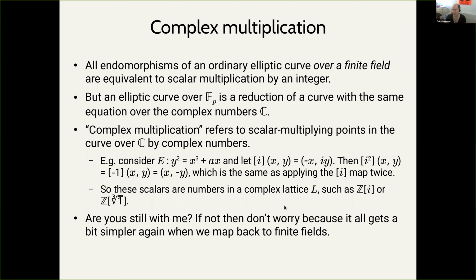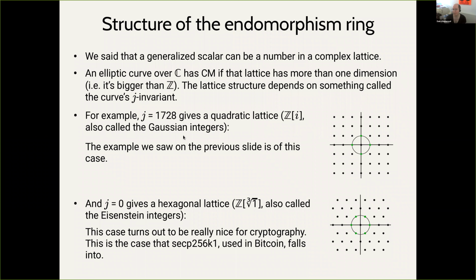So these numbers that we're scalar multiplying by, they're not arbitrary complex numbers. They're numbers in a lattice. So I'll show you what that looks like on the next slide. This example, the middle example here with the square grid, is the one that we showed on the previous slide.